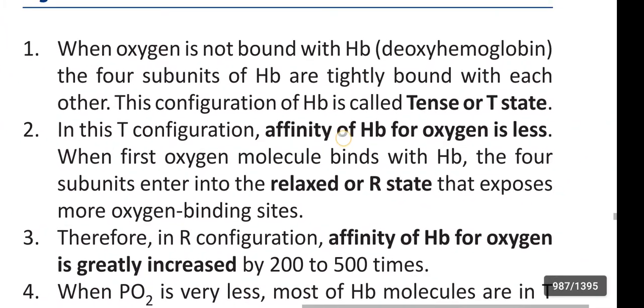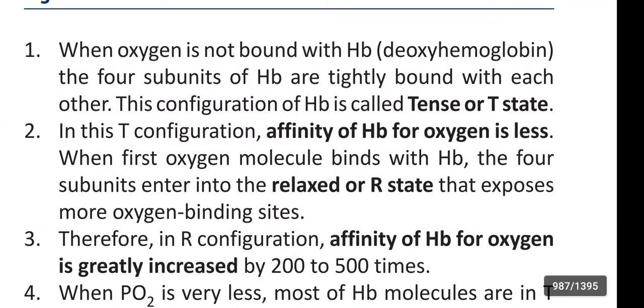When oxygen is not bound with hemoglobin, in deoxyhemoglobin, the 4 subunits of hemoglobin are tightly bound with each other. This configuration of hemoglobin is called the tense or T state. In this T configuration, the affinity of hemoglobin for oxygen is less.